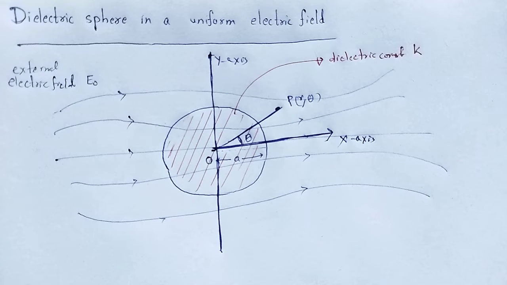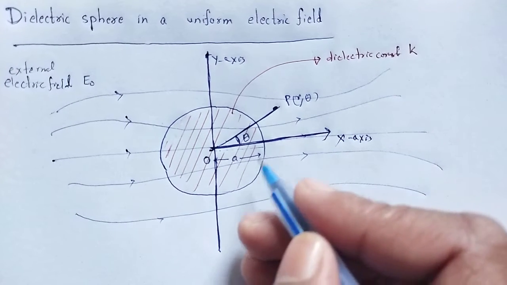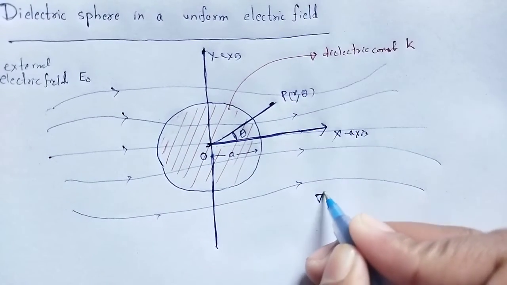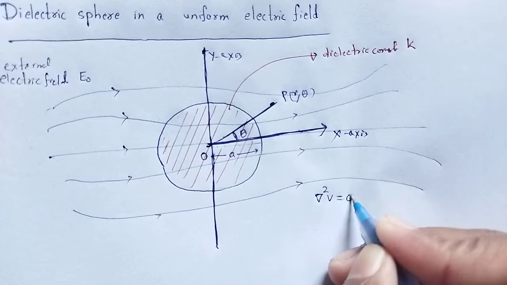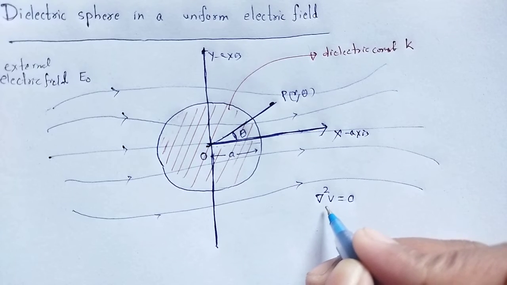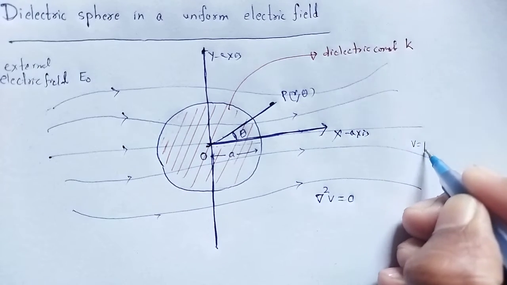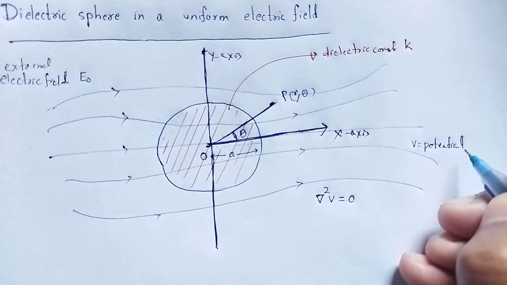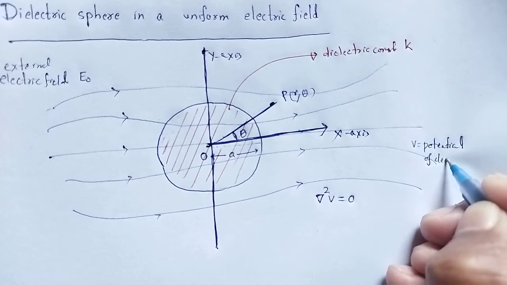As there are no free charges on the surface of the sphere, by using Laplace equation, we can say grad square V is equal to 0, where V is the potential of the electric field.